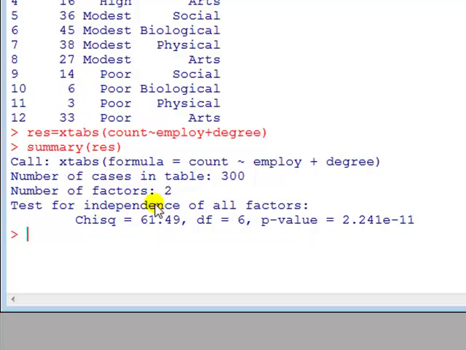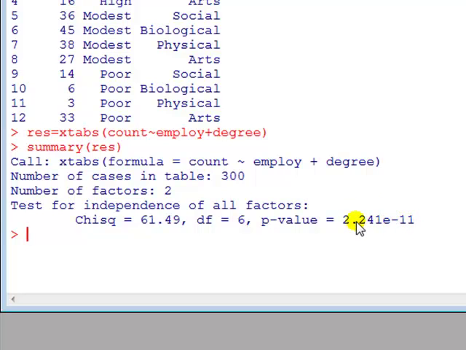And this test for independence, which is what we want, the chi-square, is also known as the chi-square test. Chi-square is about 61.5 on 6 degrees of freedom, and the p-value for that is a very small number, 2.2 times 10 to the minus 11, so it's pretty much 0.